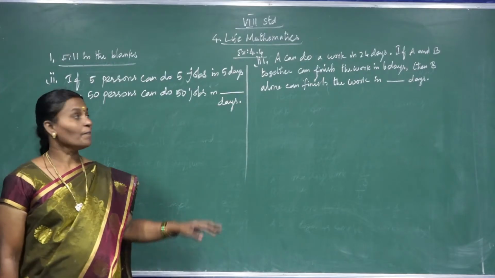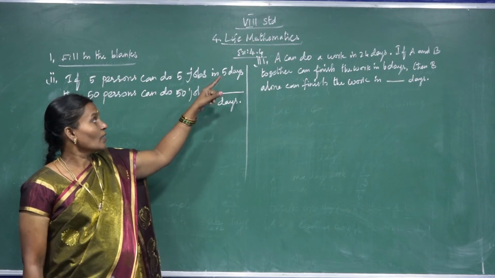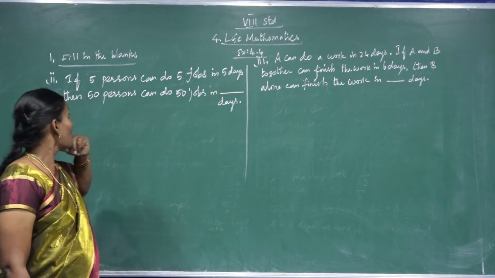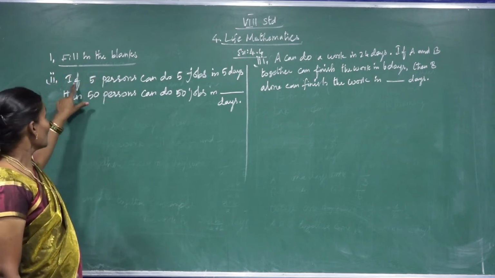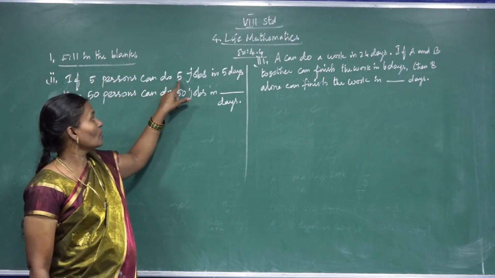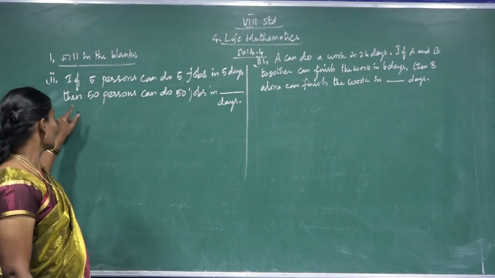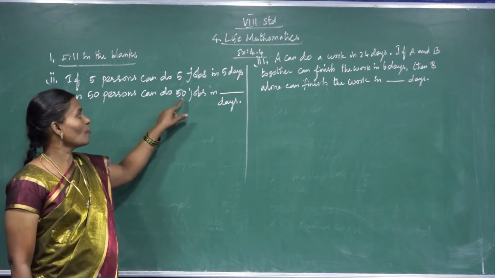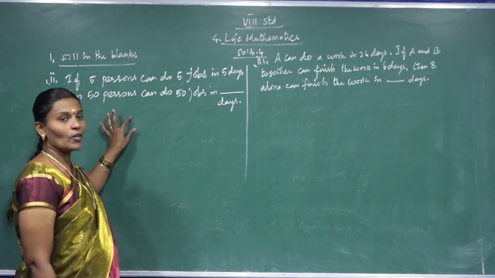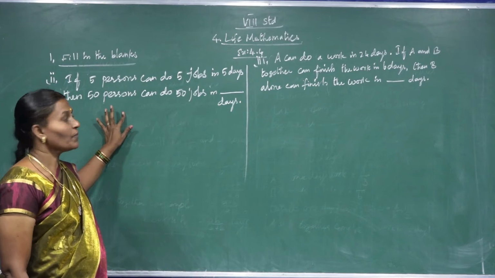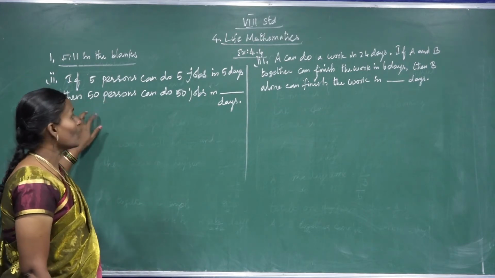So now we see exercise 4.4. First topic, fill in the blanks. Second one, if 5 persons can do 5 jobs in 5 days, then 50 persons can do 50 jobs in dash days. That means how many days? Here we apply compound variation, the multiplicative factor method.